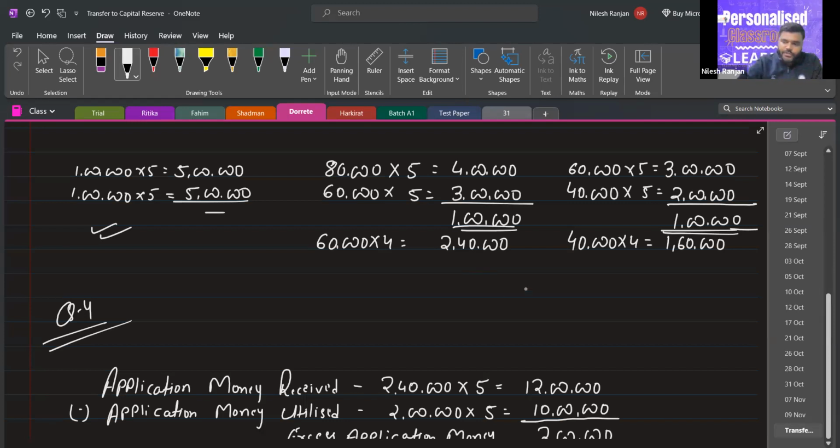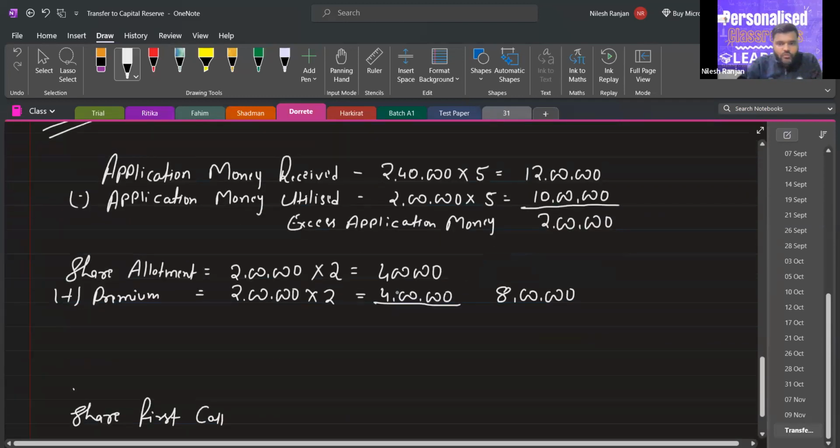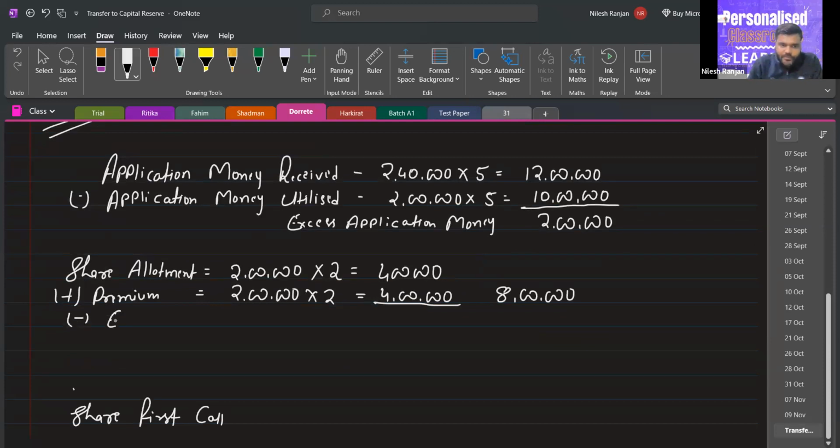Is this clear to you, Fahim, Harkirat? Yes, sir. Okay. So now, the excess application money will be utilized here, minus excess application money, 2 lakh.